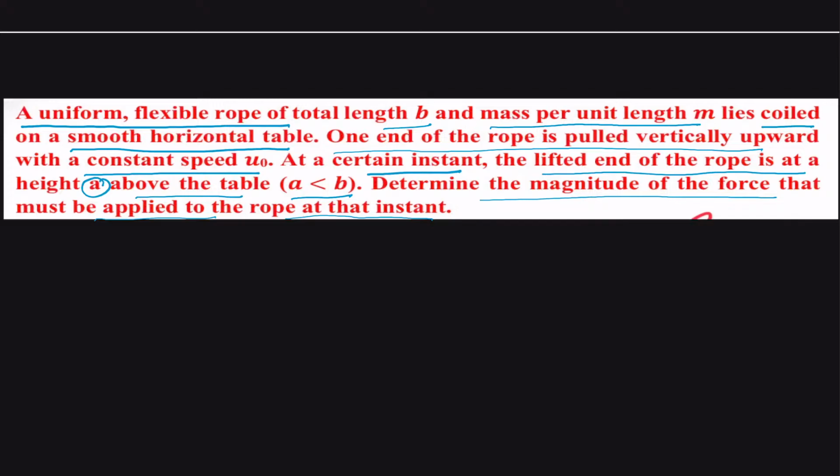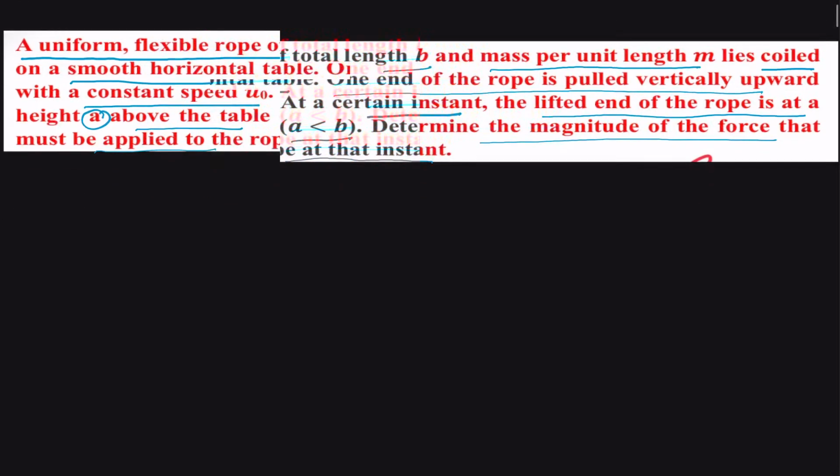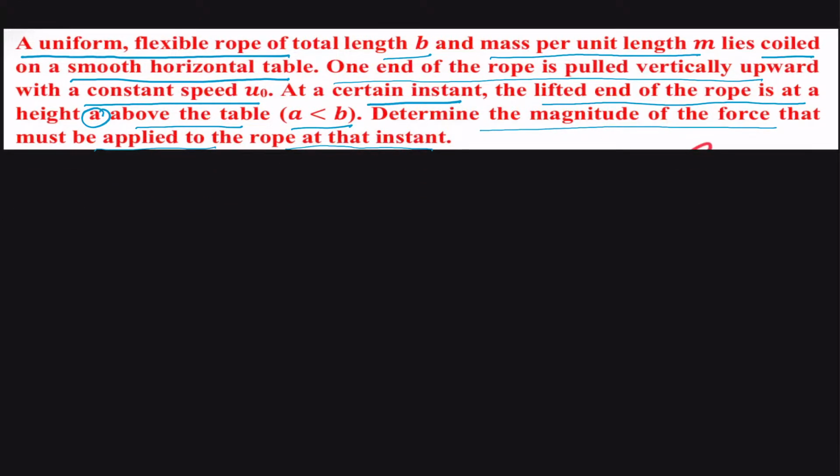Determine the magnitude of the force that must be applied to the rope at that instant. So in this case, we are given that we have a rope and that initially is lying on a table. So let us consider this is the table, and initially the rope is lying something like this. It is coiled on our table, and then we catch hold of one of the ends and start pulling it upward.